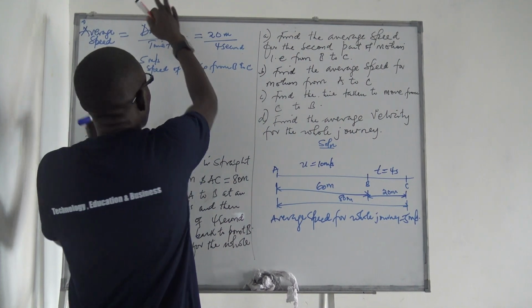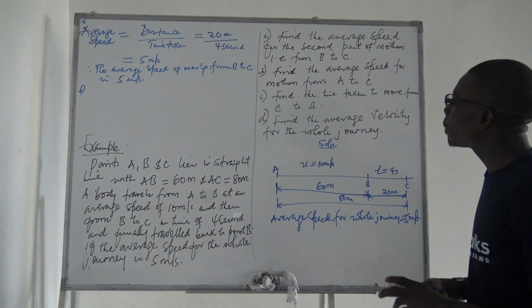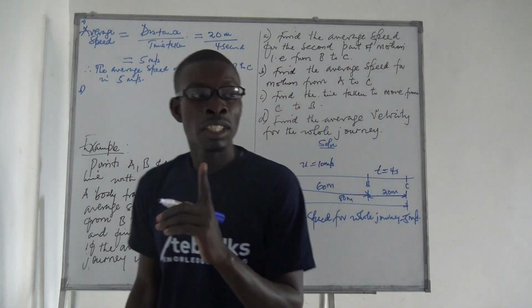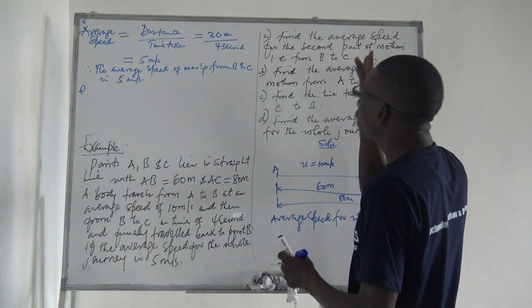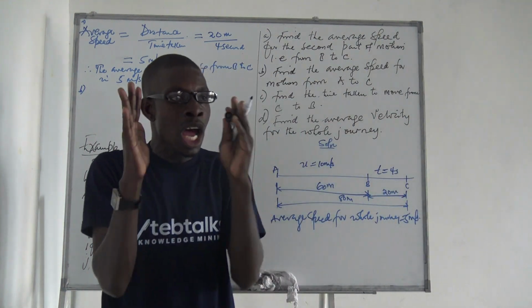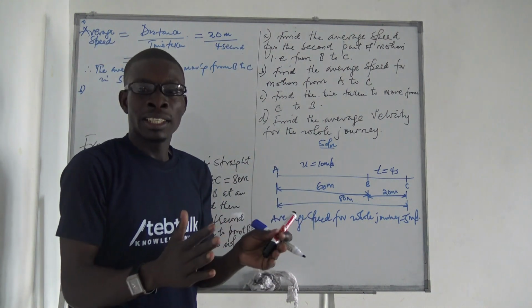And I would go to part B. Part B is saying to find the average speed for the motion from A to C. Now we have changed our concept from looking at B to C, and now we want to look at from A up to C. We should also find the average speed.